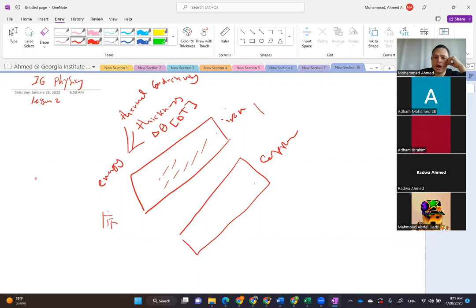If I have two iron materials, they have the same thermal conductivity, and I heat them with the same temperature difference, but their thicknesses are different, I'm going to have different energy transfer. So the energy transfer depends on thermal conductivity, thickness, and the change of temperature.